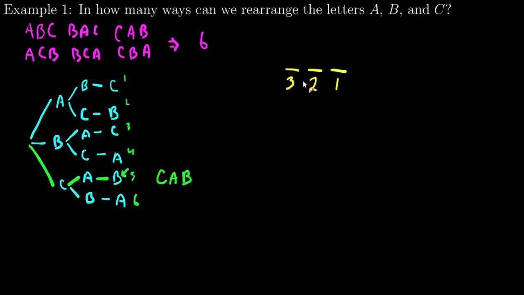So in this case, like we saw last video, I have 3 choices, and then 2 choices, and then 1 choice. And so I can multiply through 3 times 2 times 1 gives me 6. And I can continue this process for larger and larger numbers. And this leads us right into factorial.